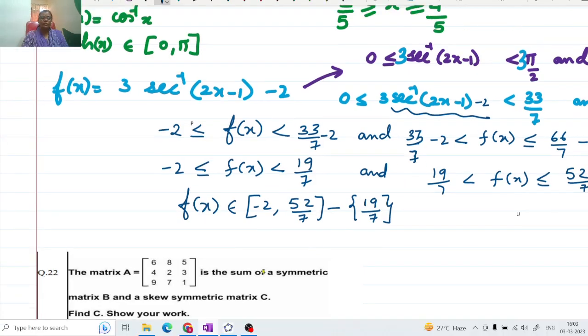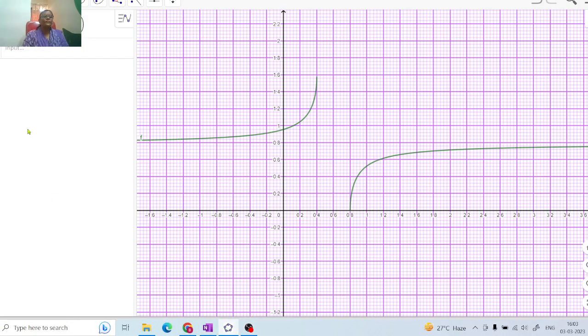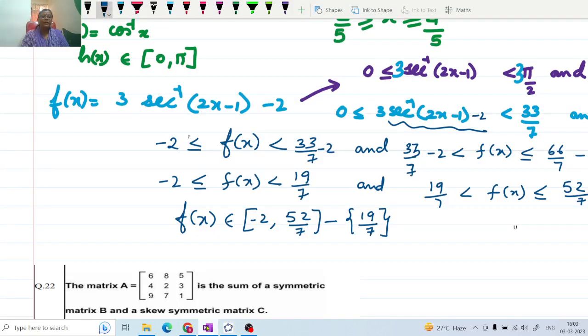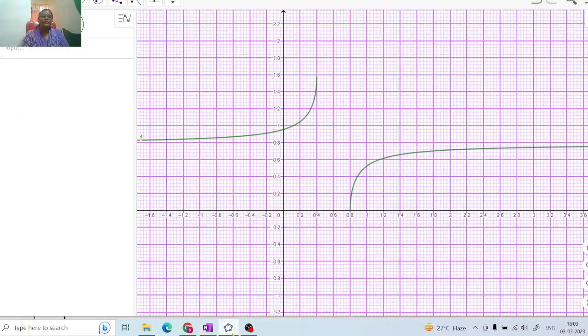Now let me explain it through the graph for this function also. The function that we have is 3 times sec inverse of 2x minus 1, minus 2.